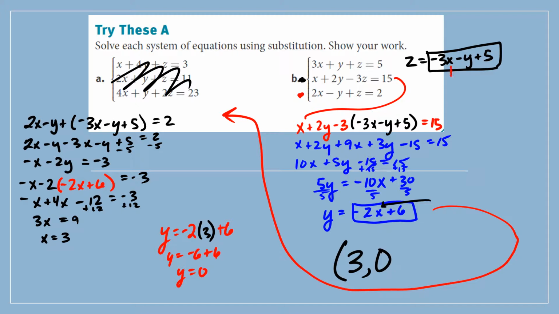So if I plug in 3 for x and 0 for y, z is going to equal negative 3 times 3 plus minus 0 plus 5. So negative 9 plus 5, which is negative 4. So there's my solution. That x, y, z triple will make all three of these equations true. That is going to take some concentration, that's all.